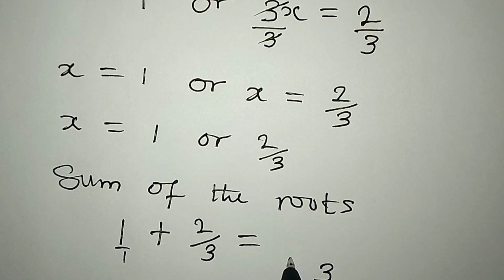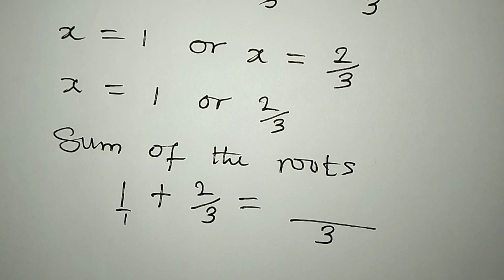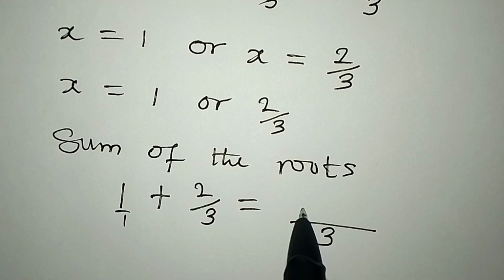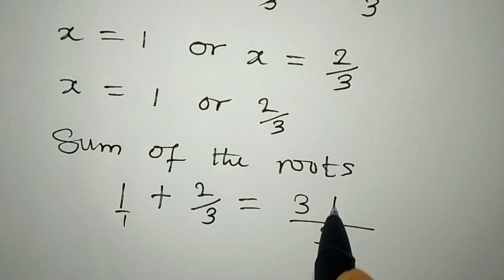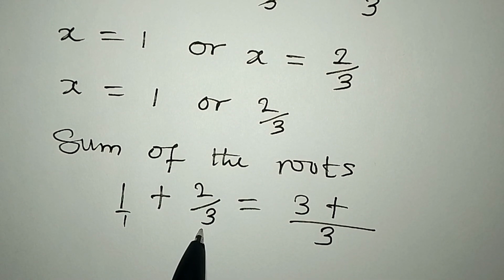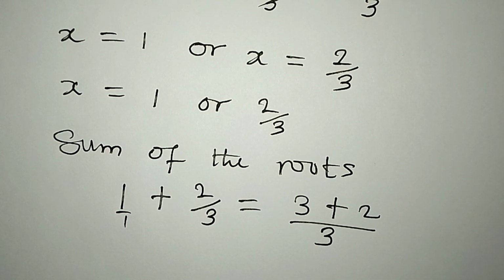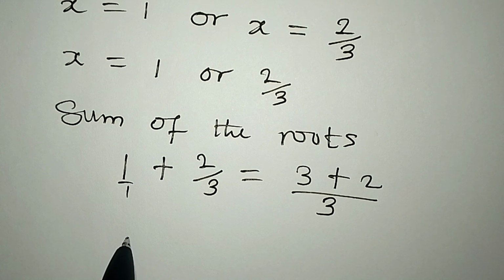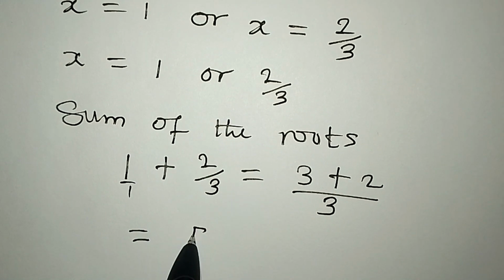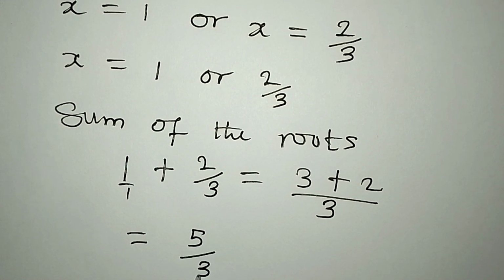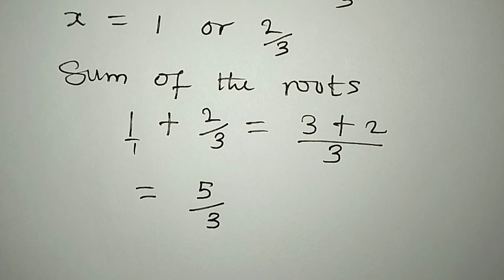The LCM is 3. Then we have 3 divided by 1 is 3 times 1 is 3 again. Then plus 3 divided by 3 is 1 times 2 is 2. Right? So we are saying that the sum of the roots is equal to 5 over 3. So this is how you get the sum of the roots.